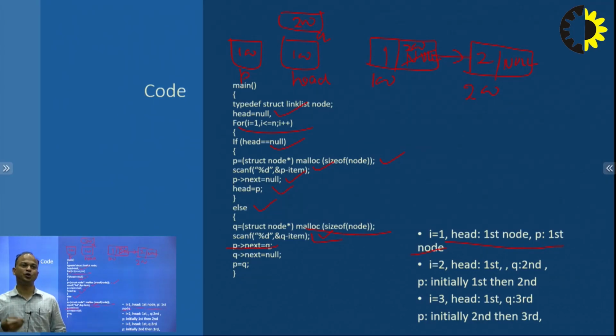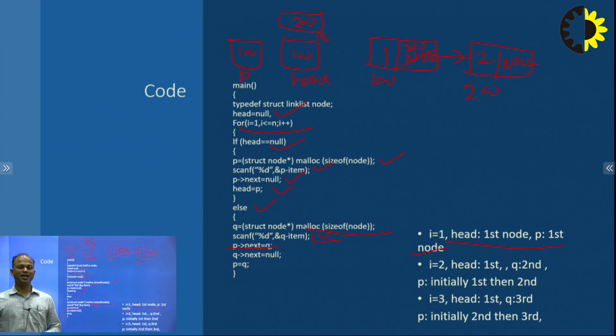The value of n could be 5, 10, or 200. Whatever you are passing, this particular loop executes that number of times. The execution of the loop depends upon n. So you can create n number of nodes and the decision can be taken at runtime.